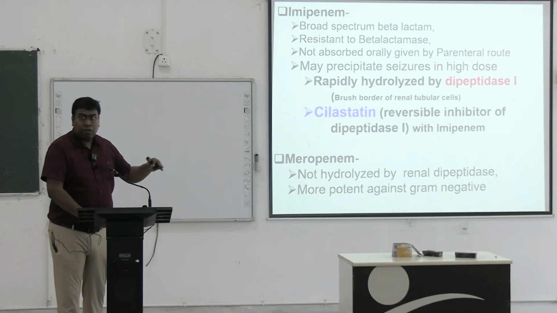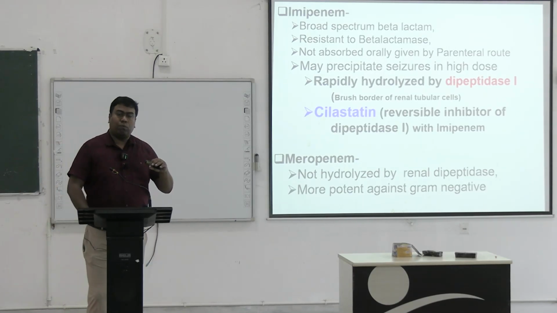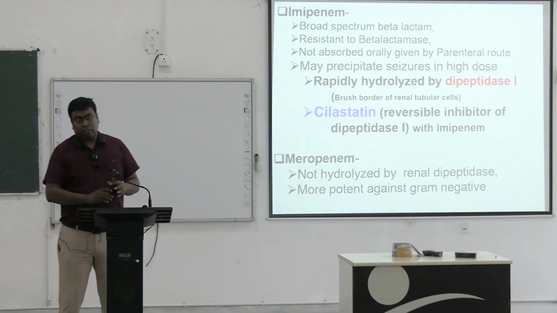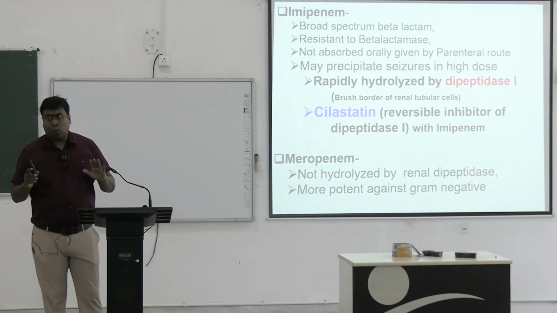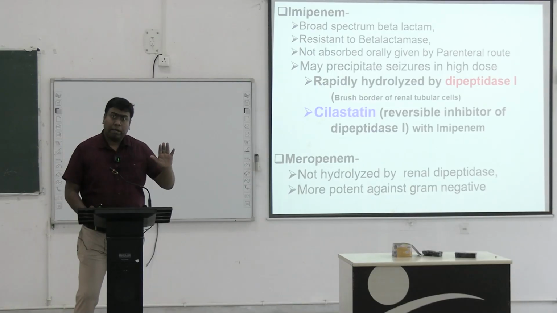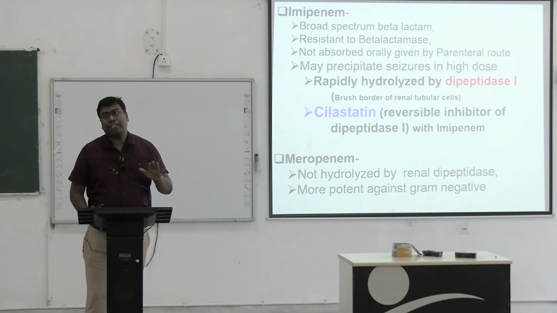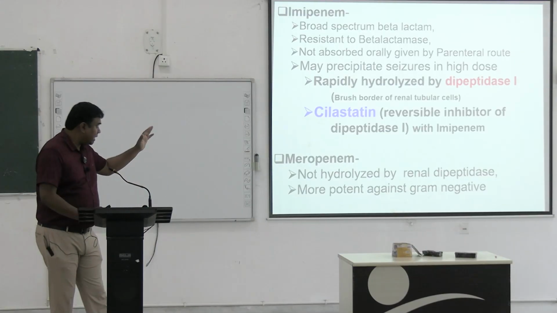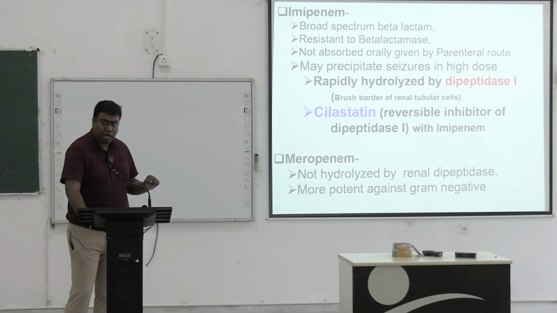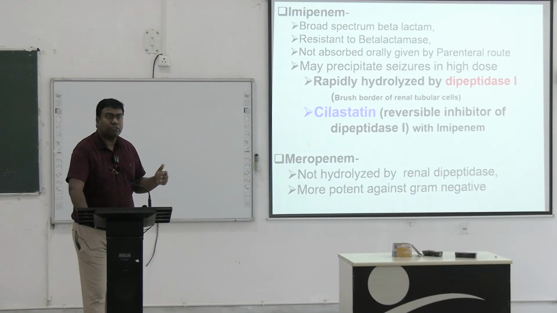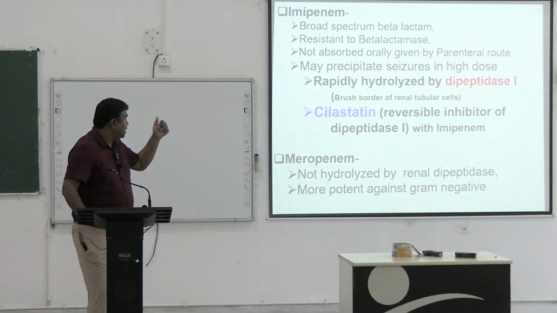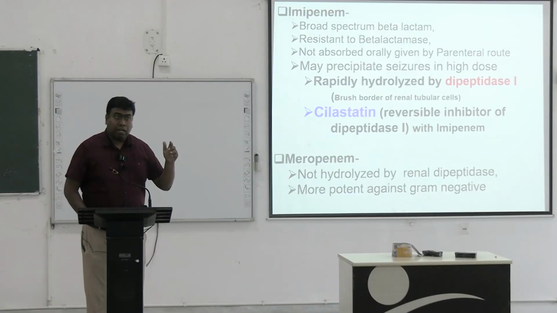So Imipenem nowadays is always given with cilastatin. You have to remember why we give Imipenem along with cilastatin, because cilastatin inhibits an enzyme called dipeptidase 1 present in the brush border of the renal tubule, which destroys the Imipenem.